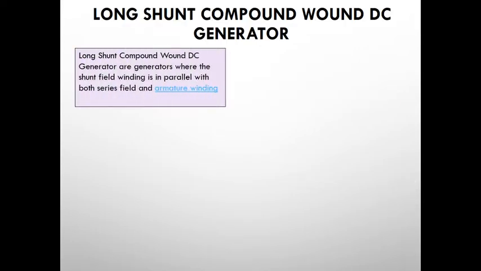A long shunt compound generator is a type of generator where the shunt field is connected in parallel with both the series field and the armature winding.